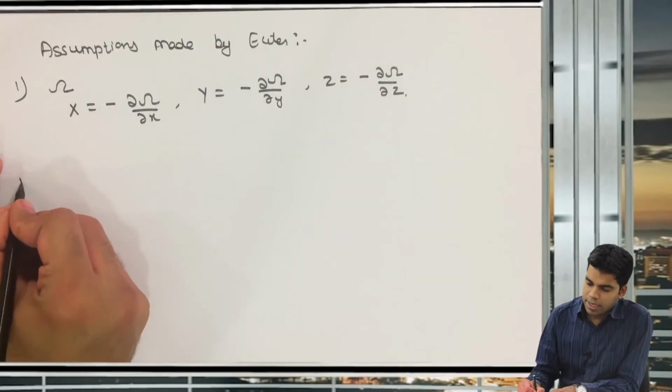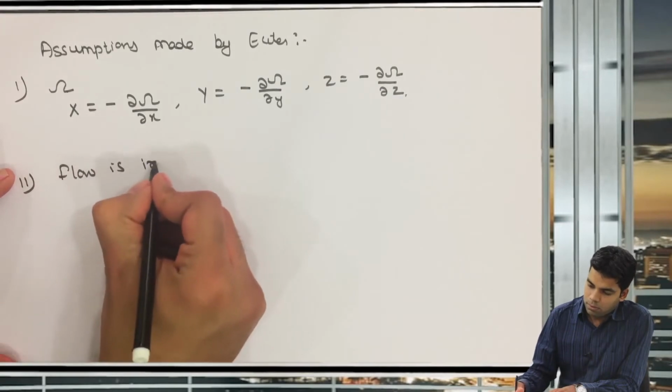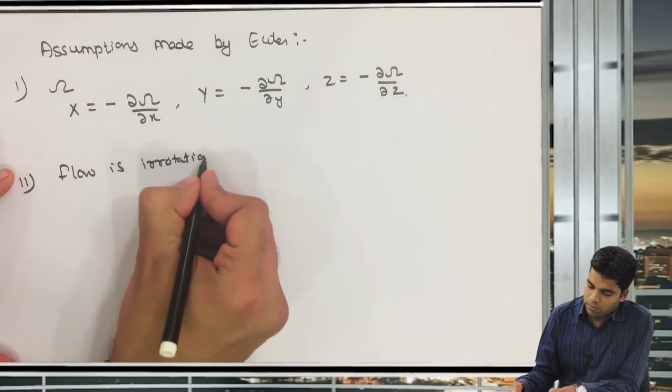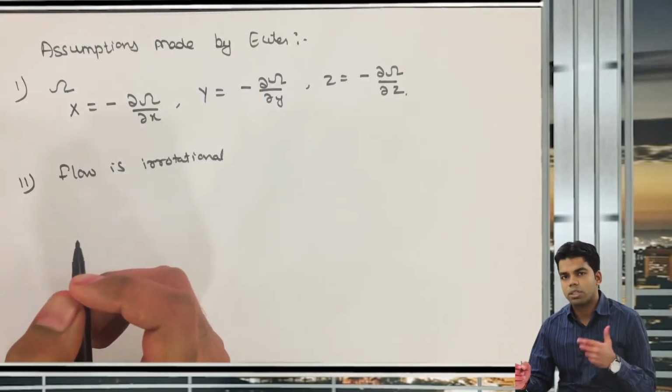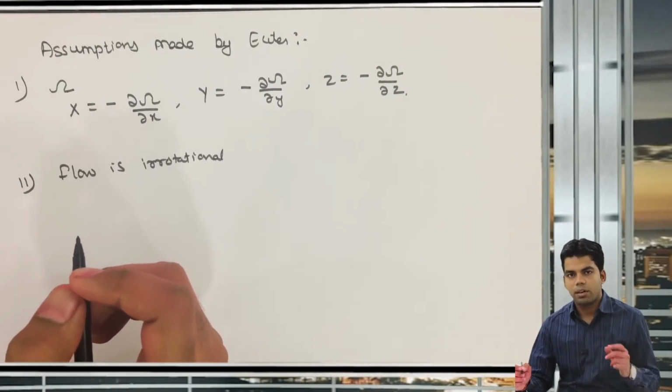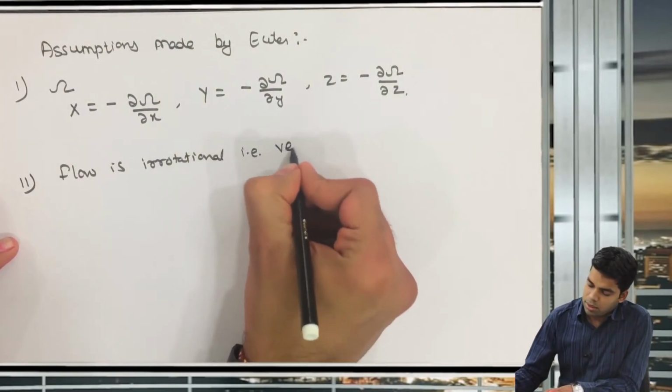First thing. Second assumption, the flow is irrotational. Now what does this mean? This means that the velocity potential exists, as we have already seen.